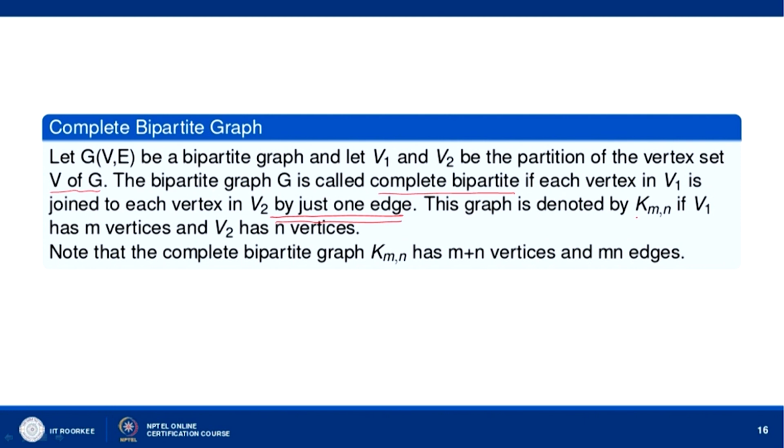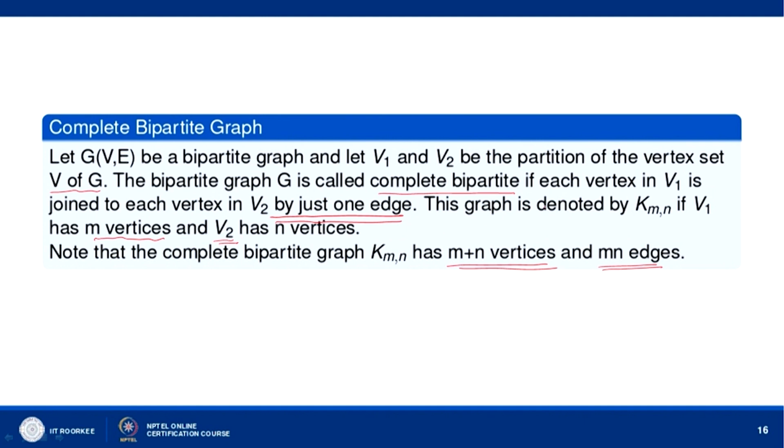This graph is denoted by K_{m,n} if V1 has m vertices and V2 has n vertices. Note that the complete bipartite graph K_{m,n} has m plus n vertices and mn edges. The m vertices are joined to n vertices.